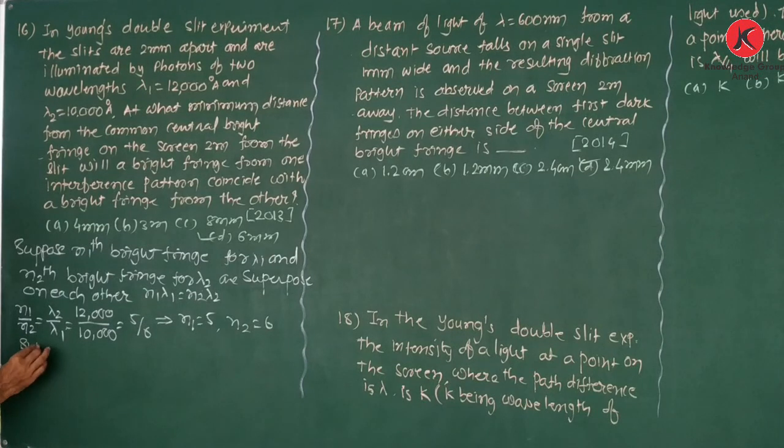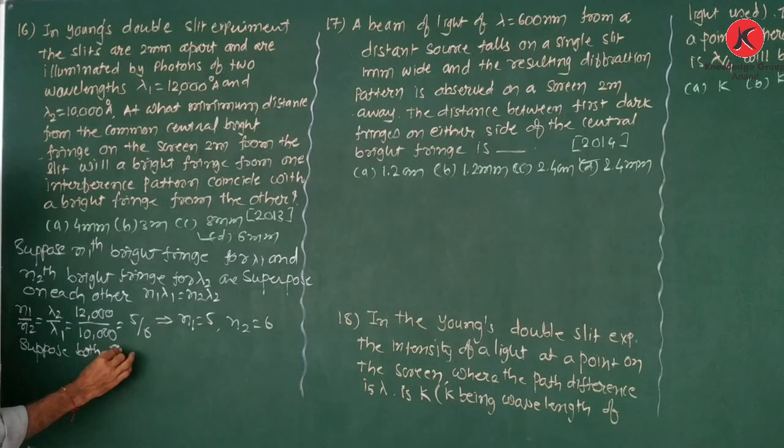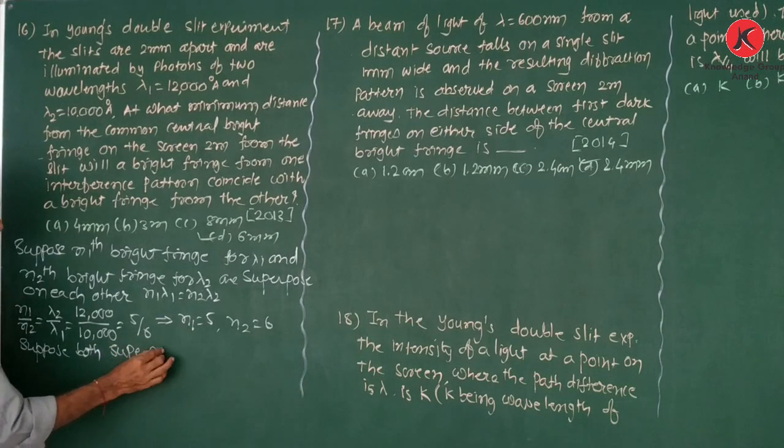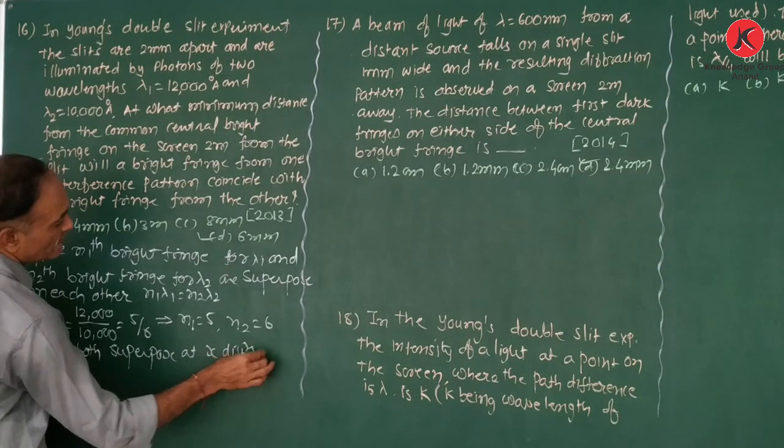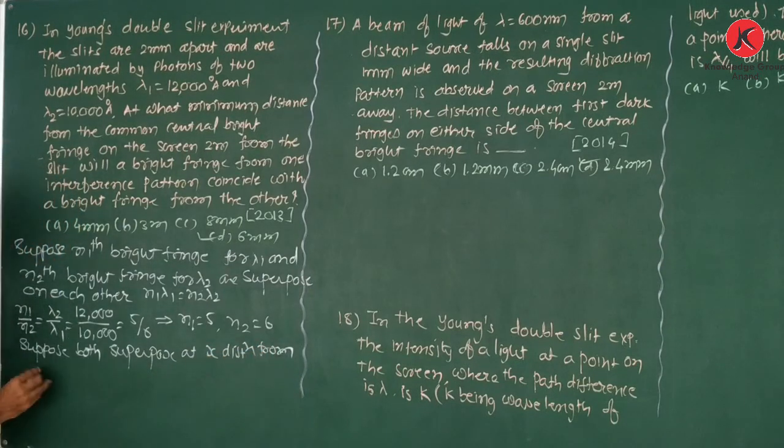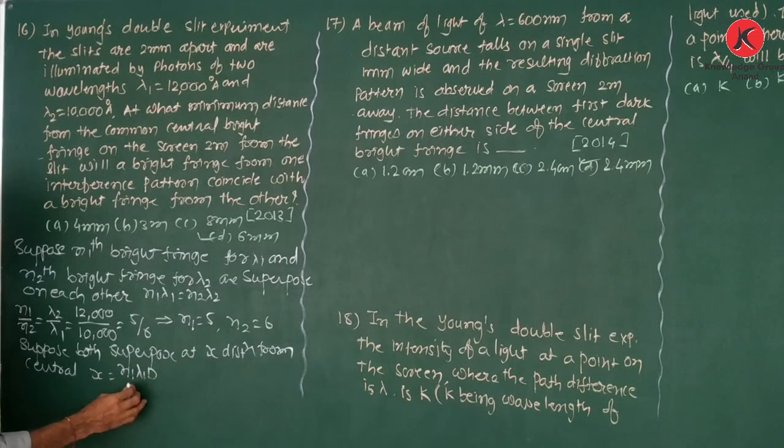Suppose they are superposed at x distance from the center. Therefore, x is equal to N1 lambda 1 capital D upon small d.